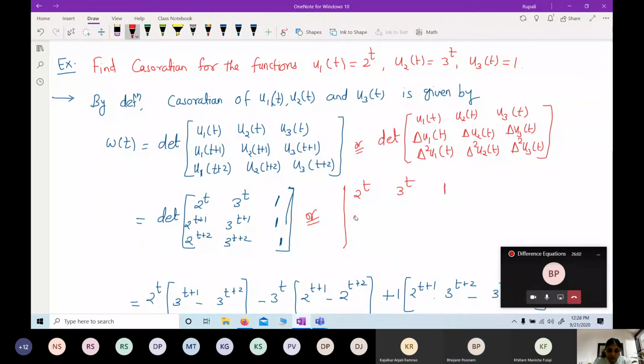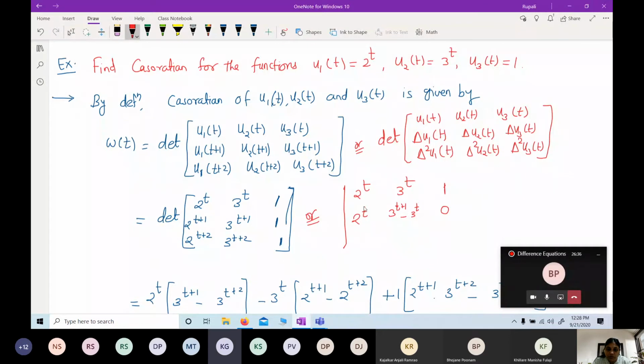What is delta u2t? You can find directly. It is 3 raised to t plus 1 minus 3 raised to t. So 3 raised to t is common, 3 minus 1, 2 into 3 raised to t, right? And what is delta of 1? It is 0.